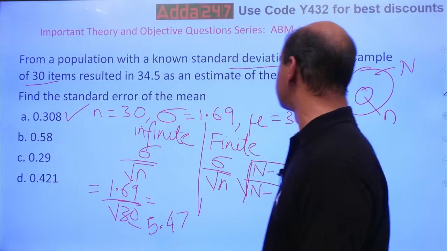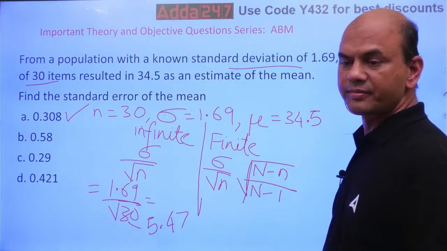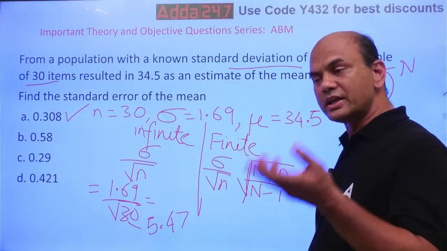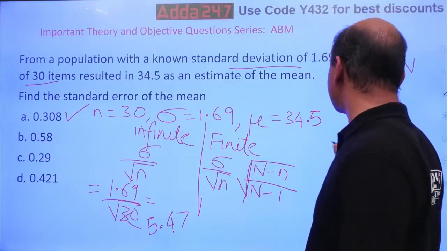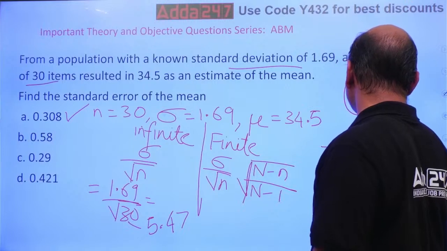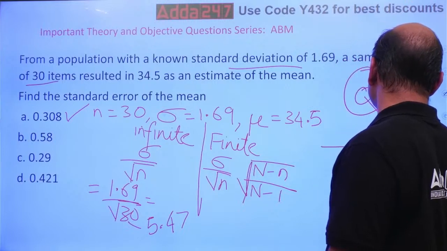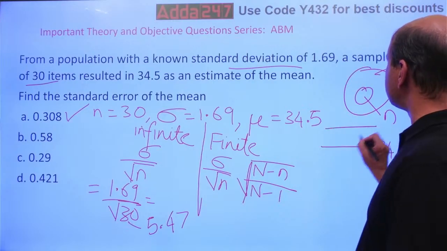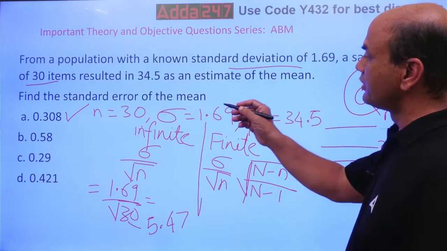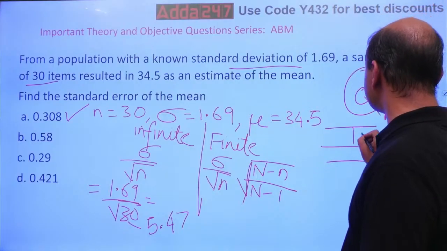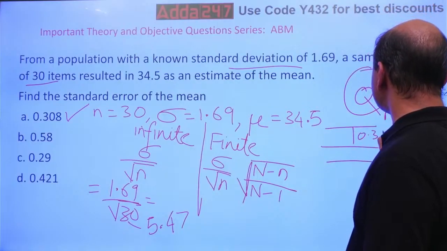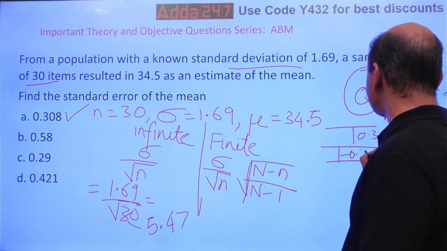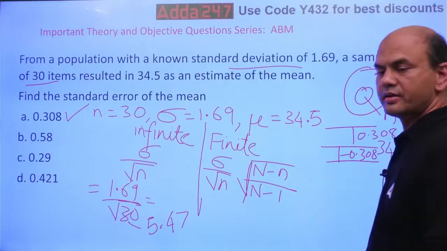What do you mean by the standard error? It means again the same thing. If they ask you one standard error, then the mean given is 34.5. This is your center. Then above it, 0.308, and below it, minus 0.308, for one standard error.